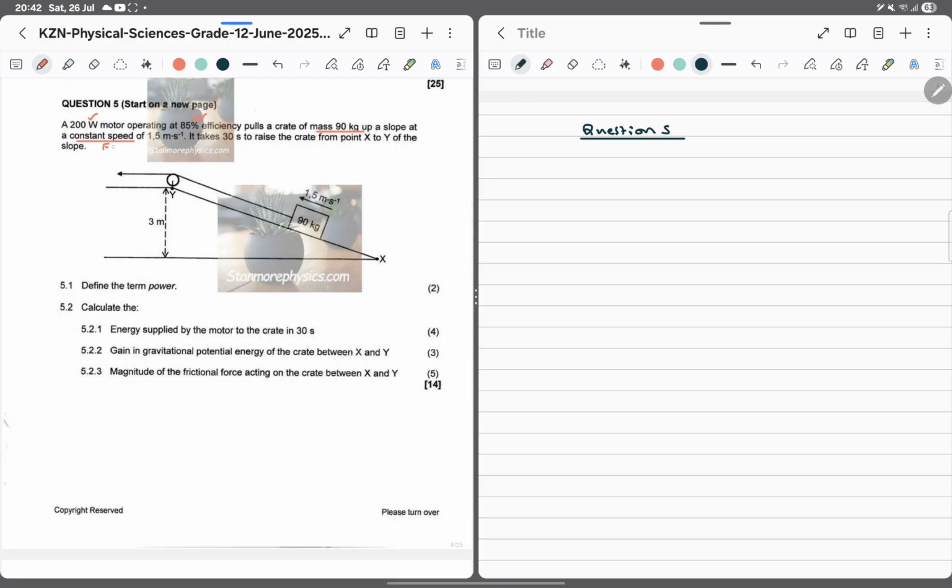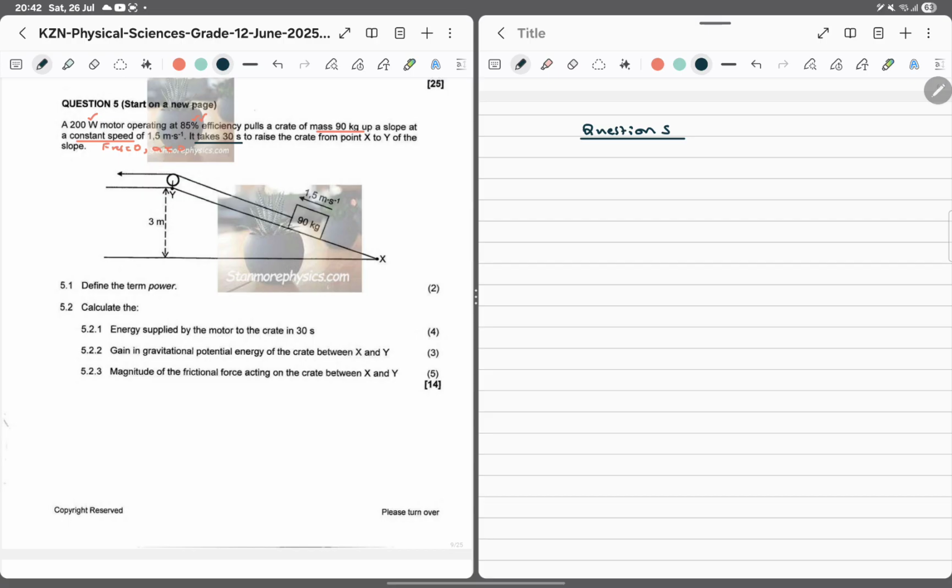So it means the resultant force is 0 and acceleration is 0. Now we are told that it takes 30 seconds to raise the crate from point X to point Y. So the duration from X to Y takes 30 seconds for the slope.